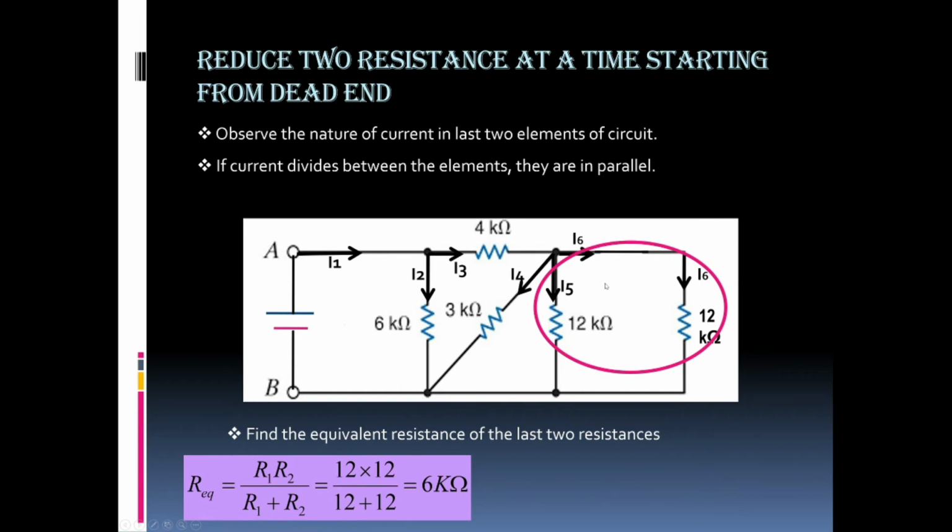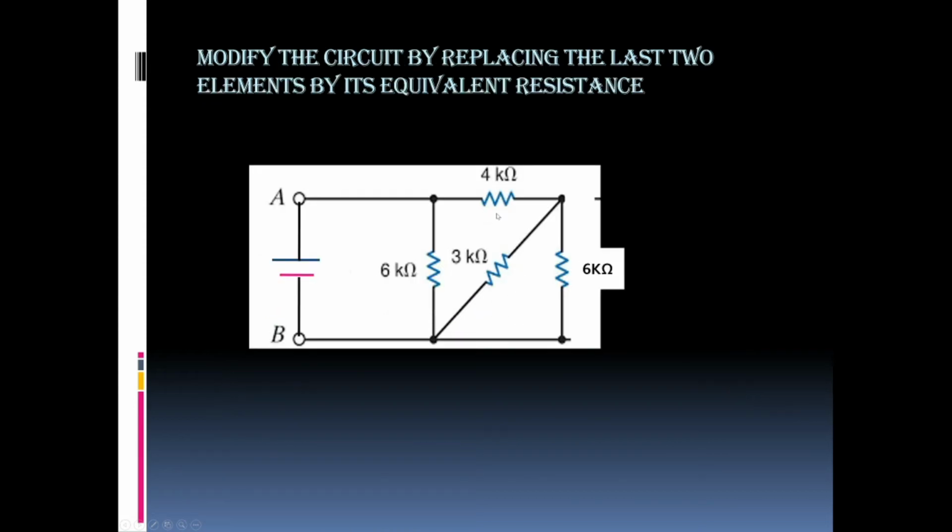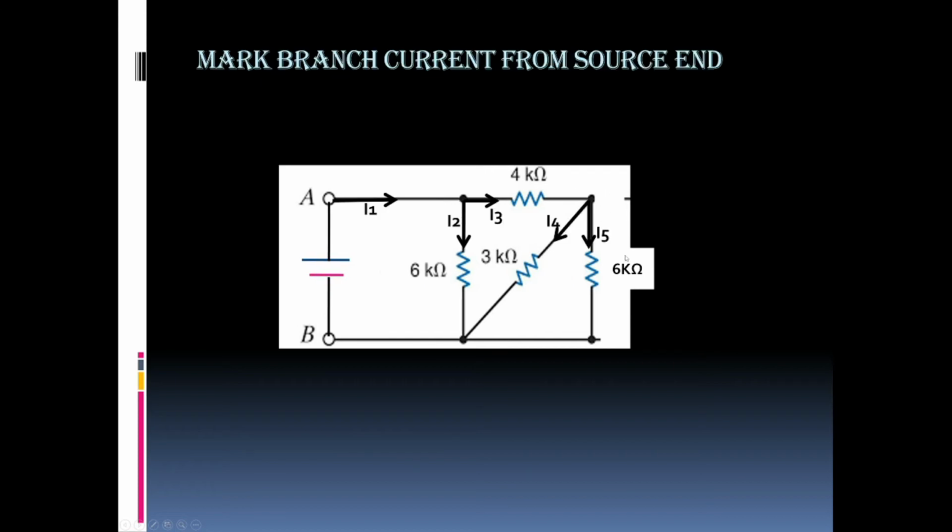So next step, obviously, is putting the 6 kilo ohm here instead of both the 12. You put the 6 kilo ohm instead of those two, and then you have to mark the branch current again. So I1 flows, it gets divided as I2, I3, and then I3 flows, it gets divided into I4 and I5.